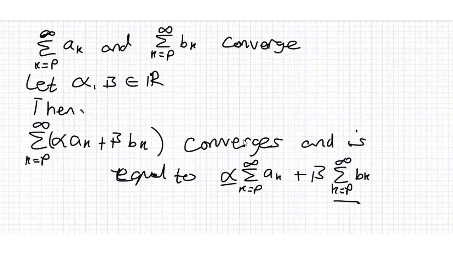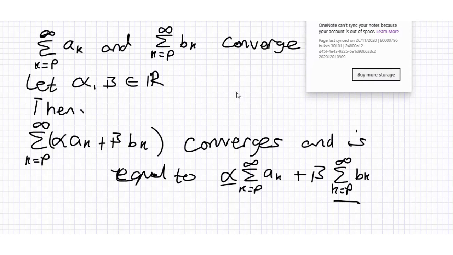This is an intuitive result. We might expect this to happen, but nothing can be assumed, especially with infinite series, because you can get some odd results, but it does so happen that this is the case. We won't consider a proof here, but this is a nice result to remember.